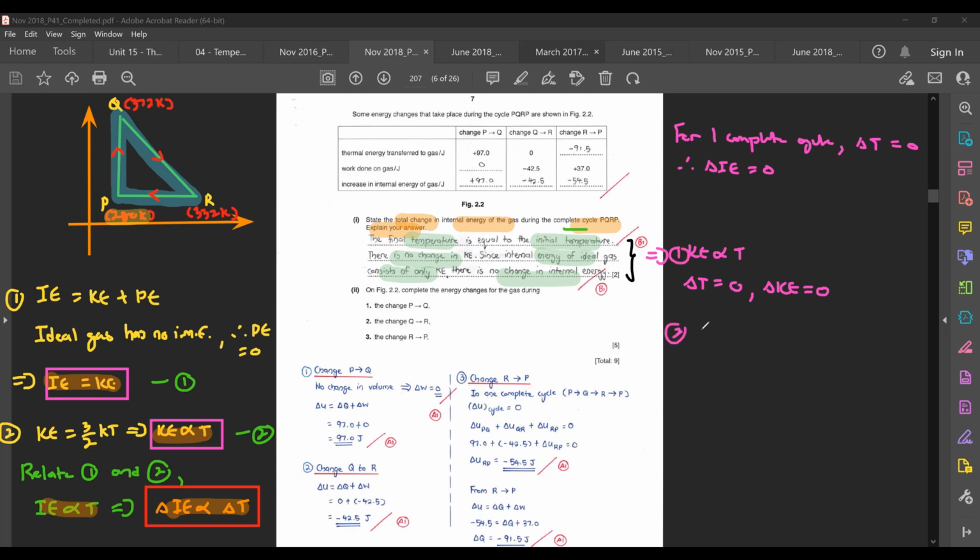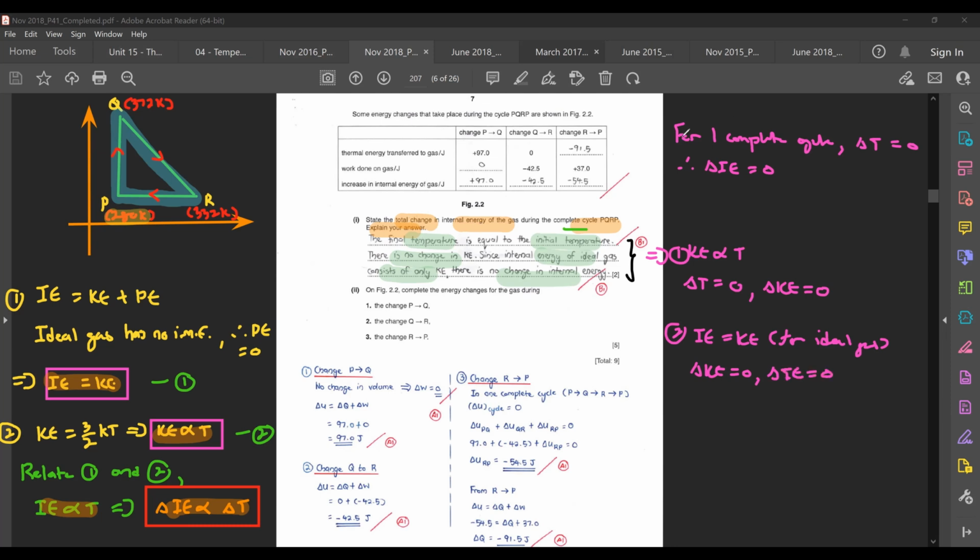And then your internal energy is equal to KE only for ideal gas. Since your KE change is 0, your internal energy change is 0.